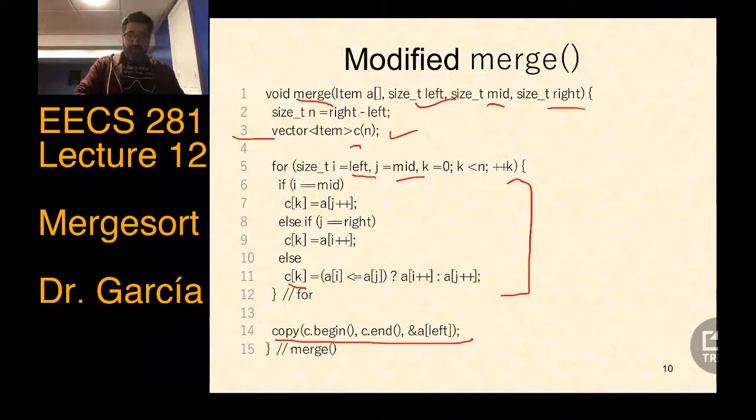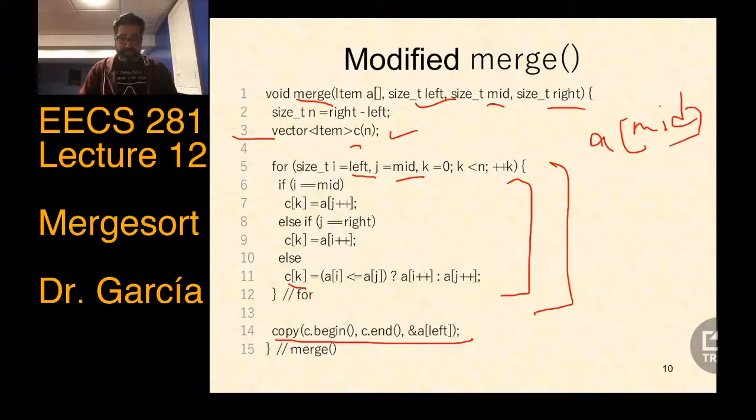So you see here where we use mid, that is used to know where the left hand side ends and where the right hand side begins. But if you look at this code, we are not doing a jump to mid. That should be correct.